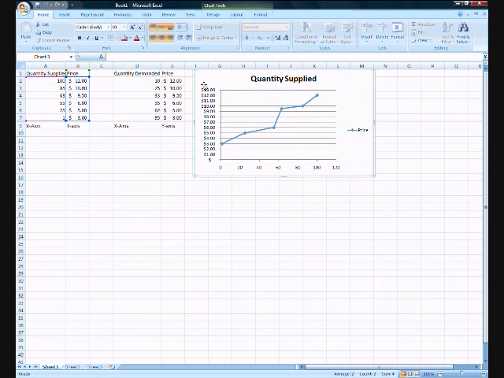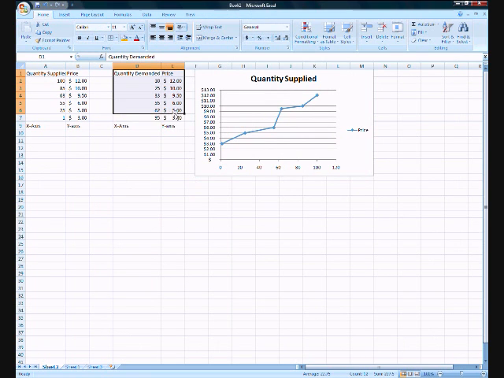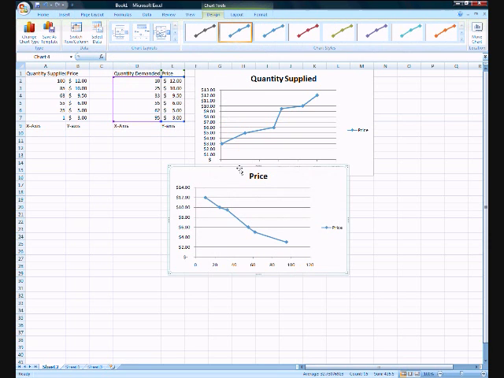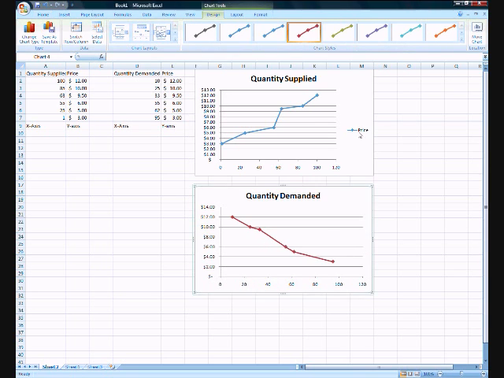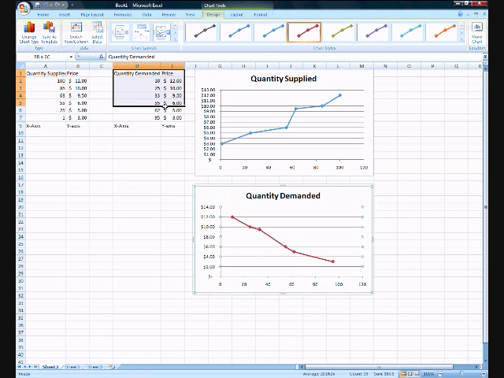Now let's do the second graph. We're going to make that one red. And this is quantity demanded. So here quantity demanded, we just drew it again based on that table up there. Let's take a look at it.